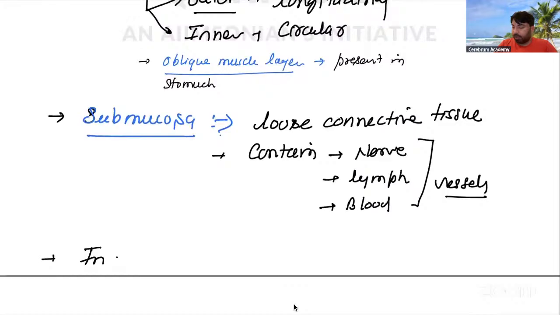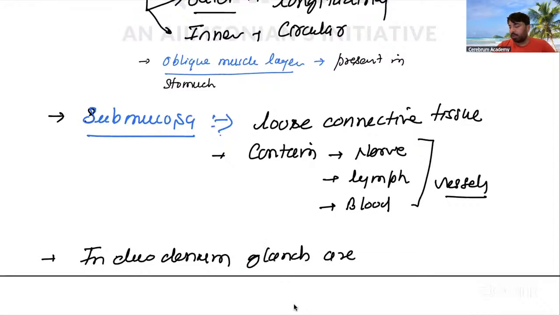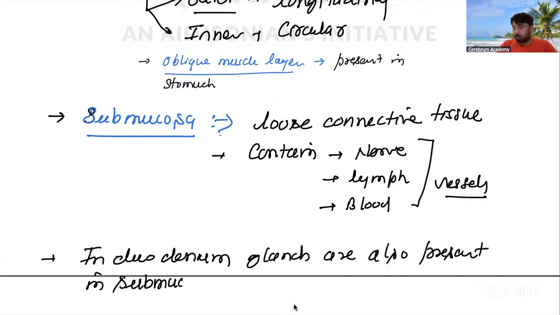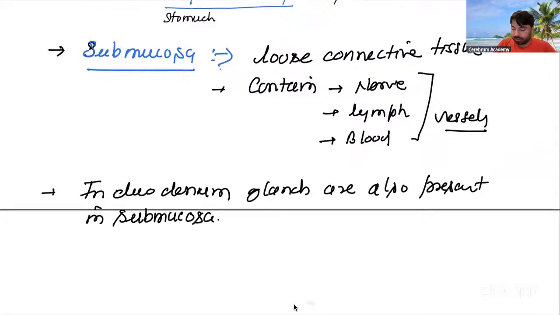In duodenum, glands are also present in submucosa.